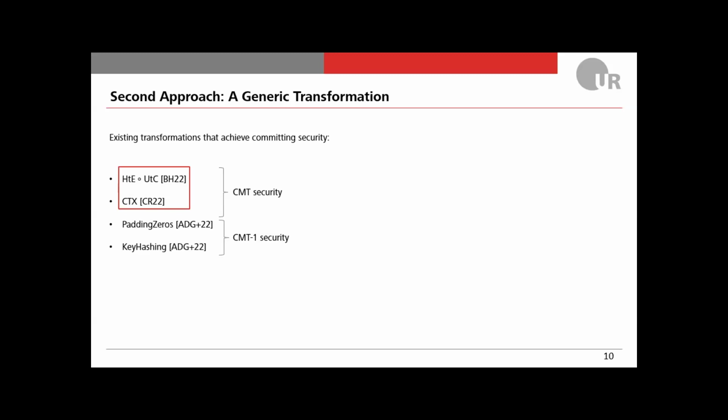The first one is given as the composition of the HTE and the UTC transform from Bellare and Hoang. And here UTC transforms an arbitrary AE scheme into one that is CMT1 secure, and HTE upgrades CMT1 to CMT security. And the second one is the CTX transform from Chan and Rogaway.